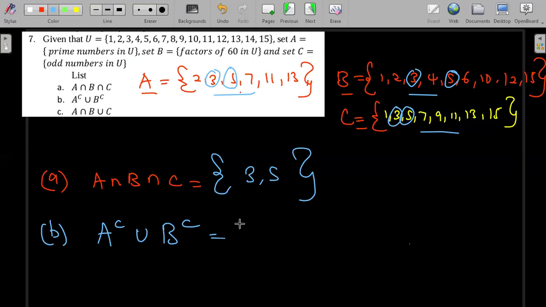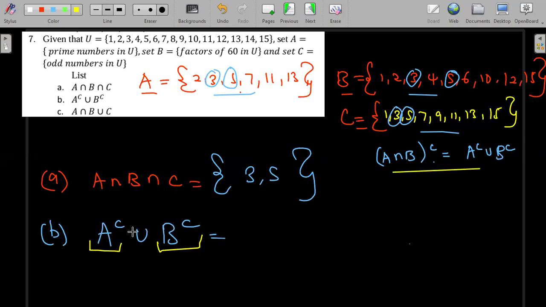De Morgan's laws simply state that A intersection B complement is the same as A complement union B complement. So we can solve this by De Morgan's laws, or if you don't know them, you can simply find the A complement and then unionize it with the B complement. Let's do the simple one before we put in these laws.